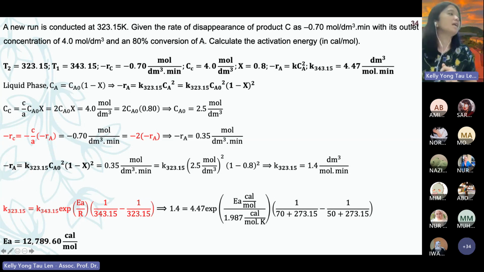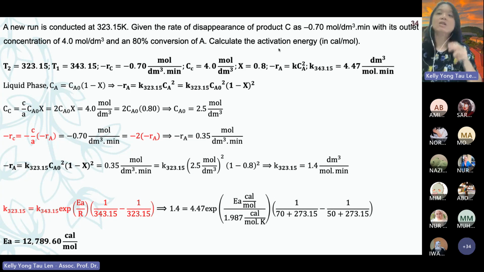Disuruh kita cari EA. Okay, so katakan kamu confused. Macam mana kita nak buat ni? Sometimes it's good you do reverse engineering. You first figure out apa yang dia nak cari. Okay, dia nak cari EA. So kalau nak cari EA, kamu tahu mesti Arrhenius equation. EA takkan muncul daripada equation yang lain selain daripada Arrhenius.